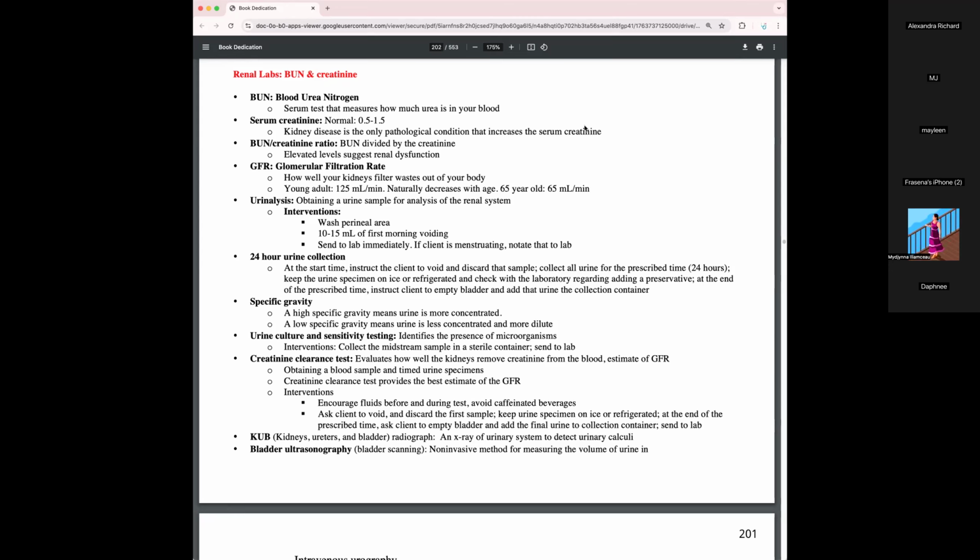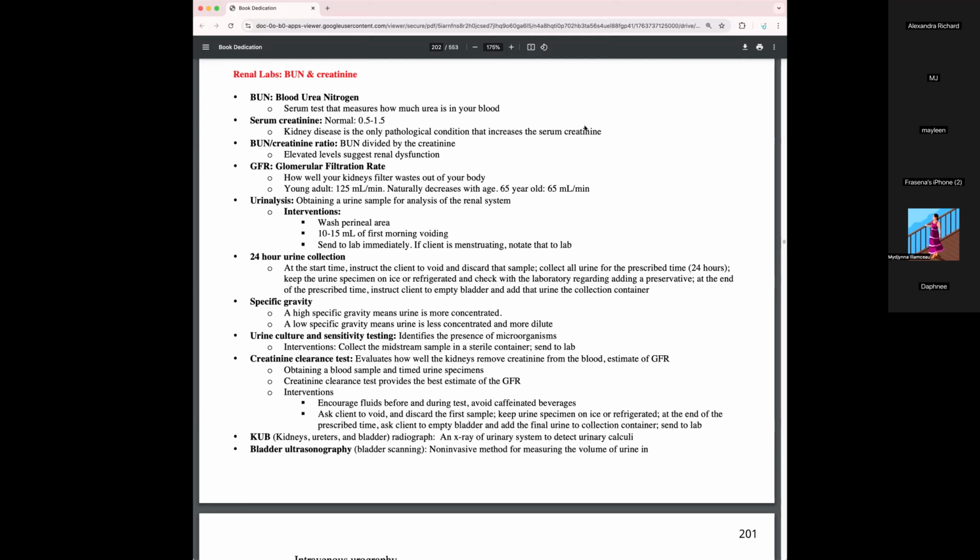Why? Because the BUN can be affected by other conditions. For example, eating too much protein or not enough protein can affect the BUN. But if serum creatinine is elevated, that is because there's a problem with the kidneys.